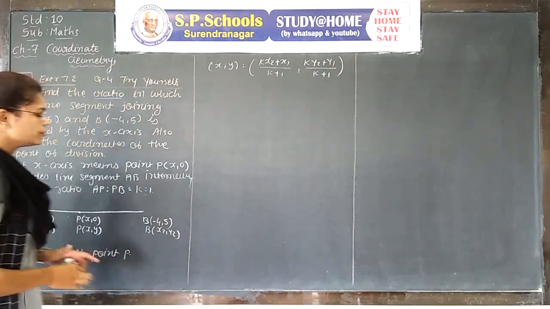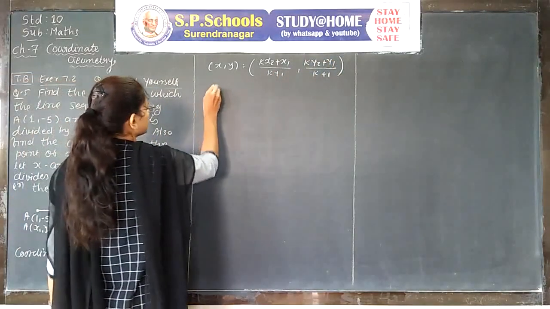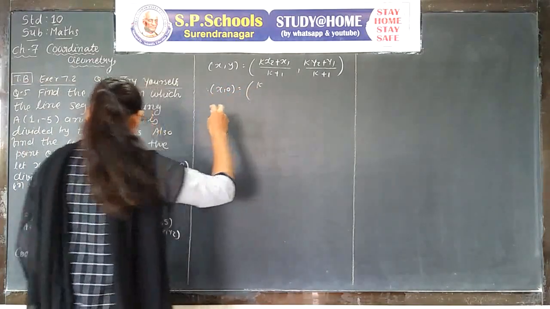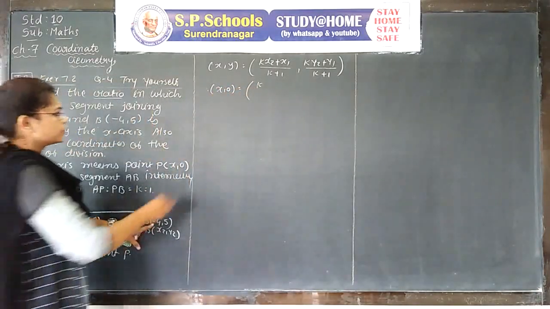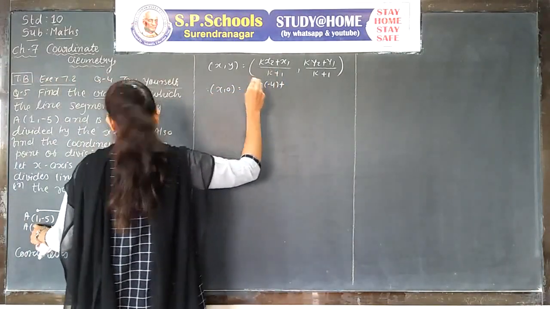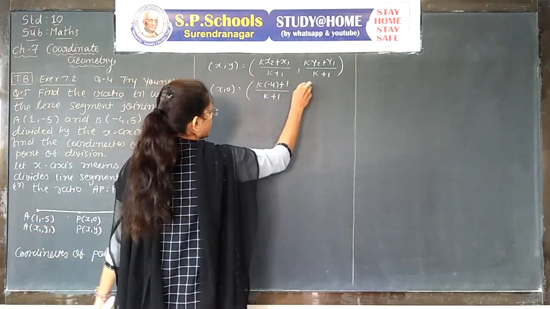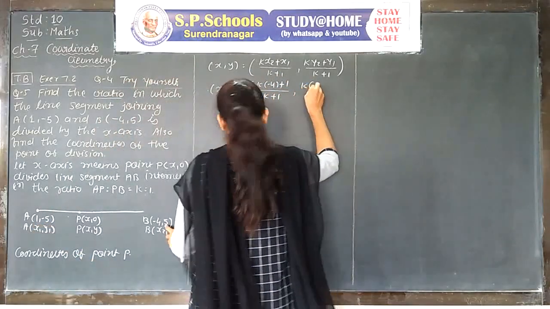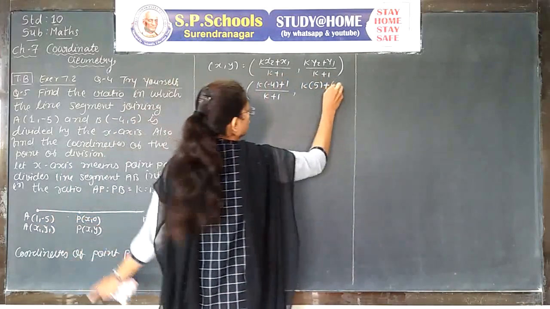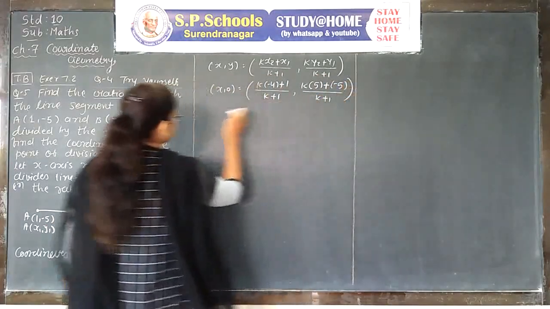Now we substitute all the values. Instead of (x, y) it is (x, 0). k times x2, where x2 is -4, plus x1 which is 1, upon k plus 1; k times y2, where y2 is 5, plus y1 which is -5, upon k plus 1.